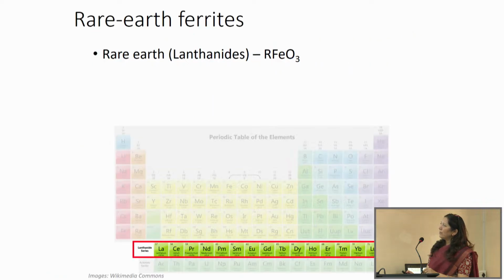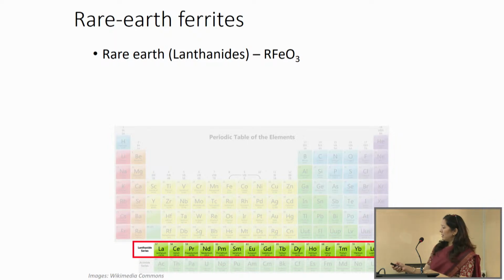In our group we have been working on rare earth orthoferrites because rare earth ferrites give us a good opportunity for 3D-4F interaction. In RFeO3, the rare earth has 4F orbitals.